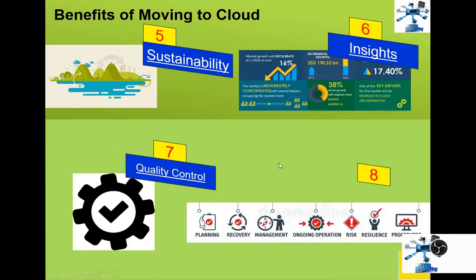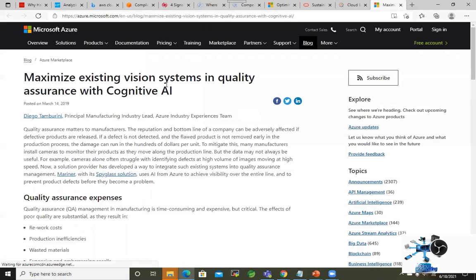Yes, quality matters, otherwise you are just wasting effort. In cloud, quality is inbuilt, so they have different quality control measures. Maximize existing systems in quality assurance with cognitive AI. This is Azure, so they have intelligent systems to optimize quality, right?